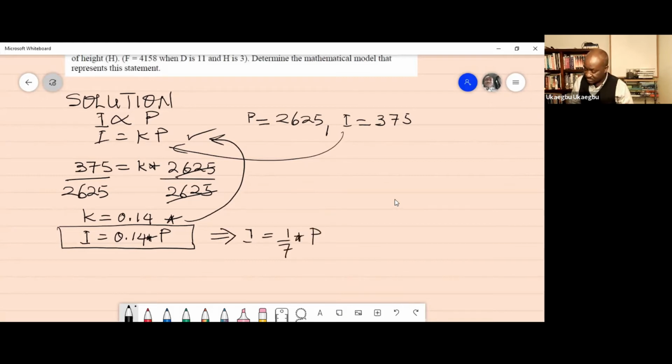So why is this formula called a mathematical model? It is called a mathematical model because this is what the bank will code in their system. The bank will code this in their system, and then they will go to sleep. Anybody who makes a deposit, this formula will calculate what the interest is going to be. That's how it is done for millions of people.